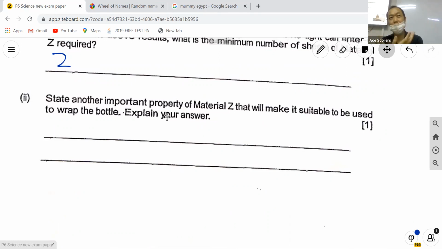Use metal? Cannot. Troublesome, right? I know aluminum is used for can. They're saying which property. When something can be wrapped like that, what does it mean? Flexibility. Yeah. Flexibility.